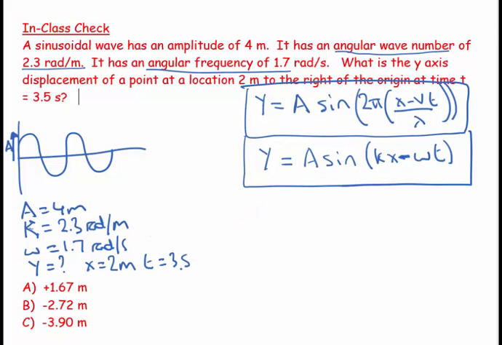What I do then is I come along, this is really the easy bit. y is equal to 4 sine of k, 2.3, times x, x is 2, minus omega, 1.7, times t, t is 3.5.